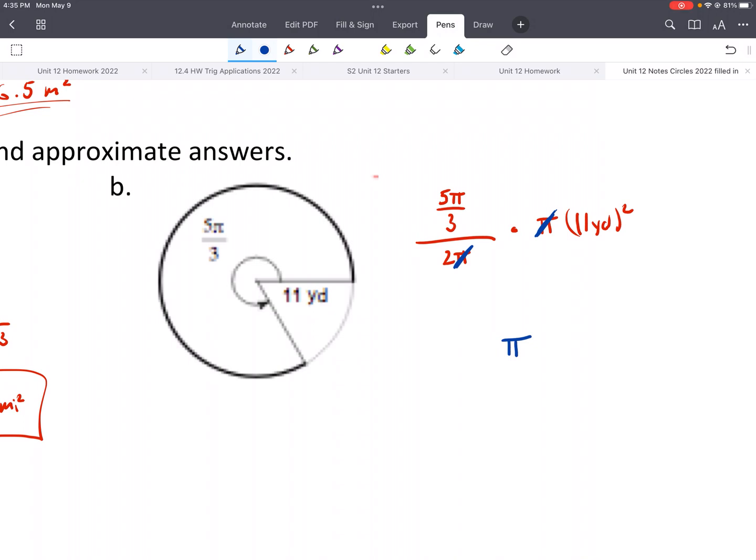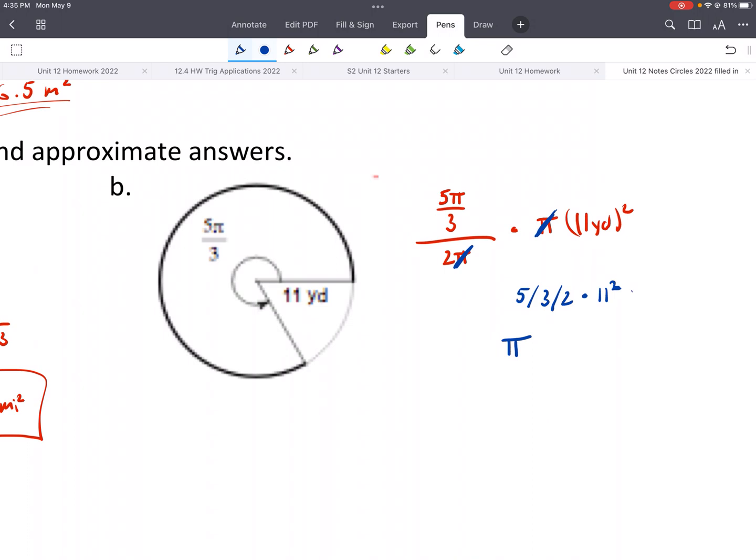Okay, and then we times it by 11 squared. So this is what I typed into my calculator. I did 5 divided by 3, and then divide it by 2, and then multiply it by 11 squared. That's what mine kind of looks like on my calculator. Almost looks like a date.